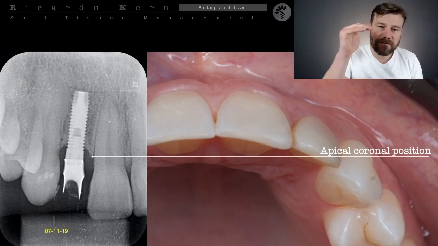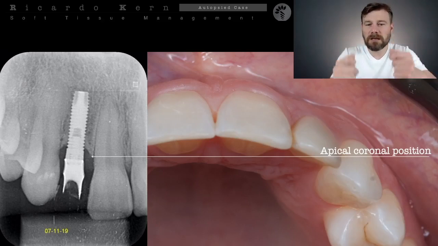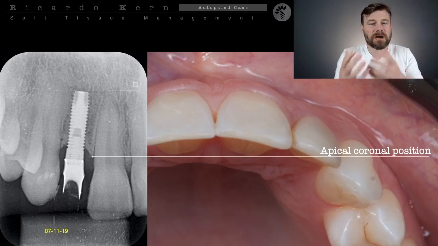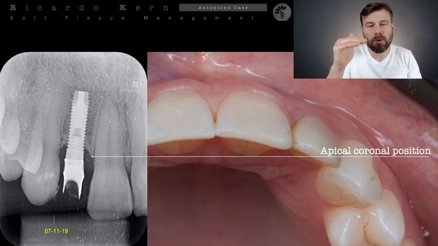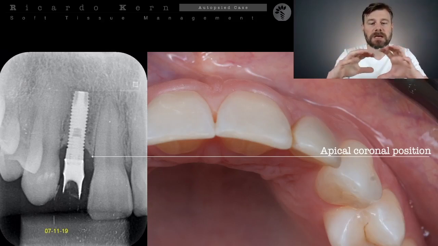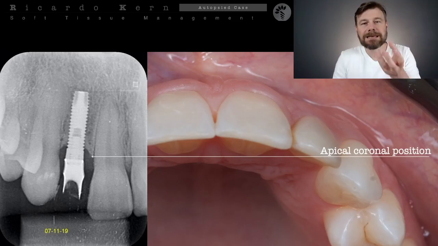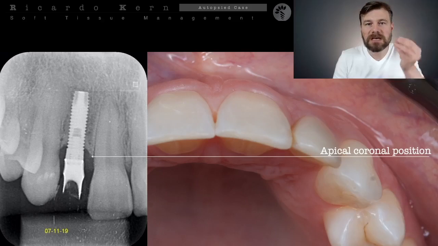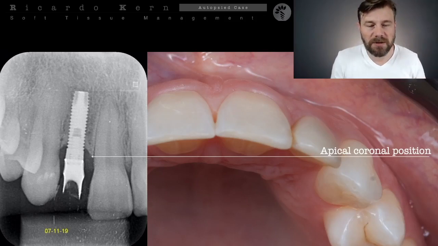But if the platform is too coronal, sometimes even bringing the flap to try to cover it, the platform is so coronal that the tissue does not stay there for much time. So you have some exposure again of this implant platform. So in this kind of case, we prefer to extract the implant and replace it with another one.